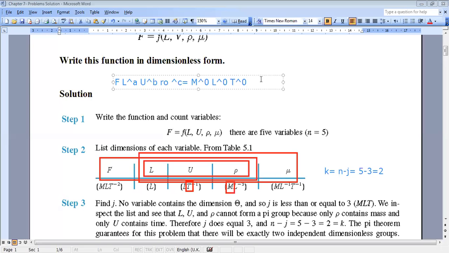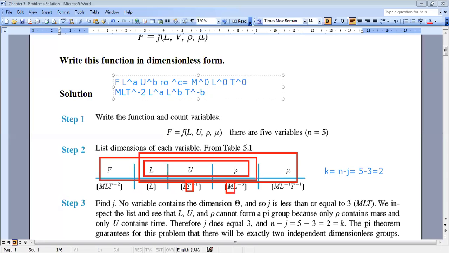Now, let us replace each term by its dimensions. So F, I will replace it by m l t to the power minus 2, times l to the power a, times, for the velocity, it's l t to the power minus 1. So it's l to the power b times t to the power minus b.